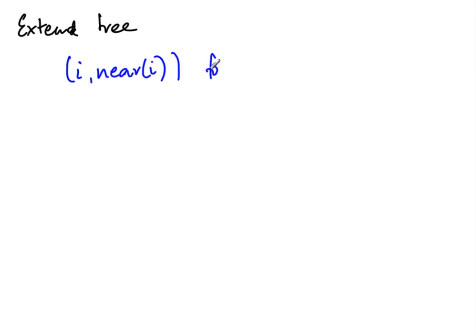So now let us see what happens when we try to extend the tree. So we look at this edge I, near of I, for each I which is not in the tree. And then among these we pick the minimum one.